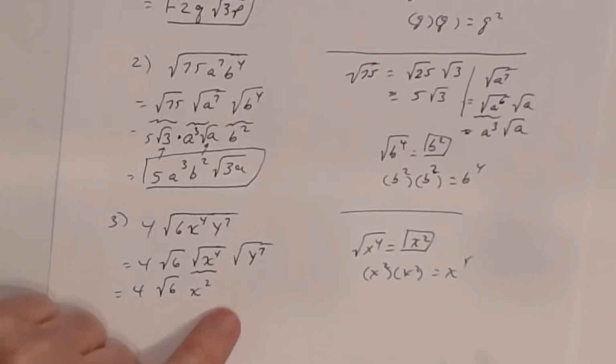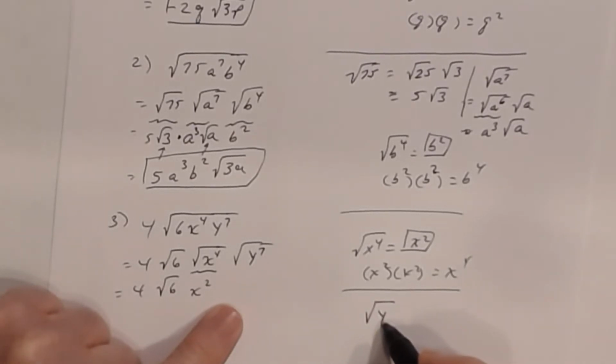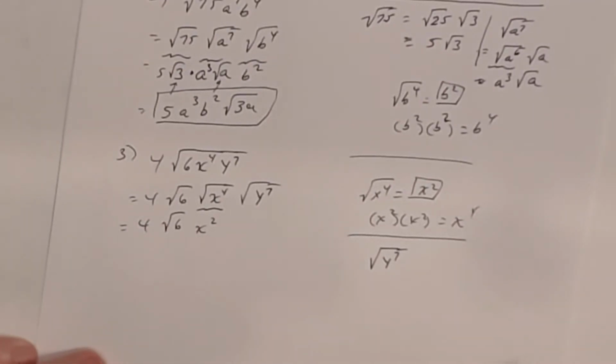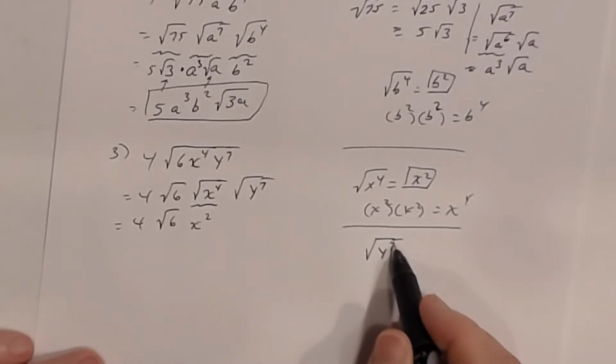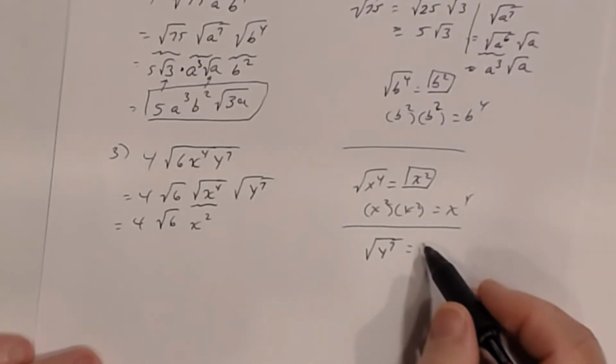Now let's go back to the square root of y to the 7th. So I can simplify this because the exponent 7 is greater than or equal to 2. But 7 is not divisible by 2, so I got to rethink this. How can I rewrite this?